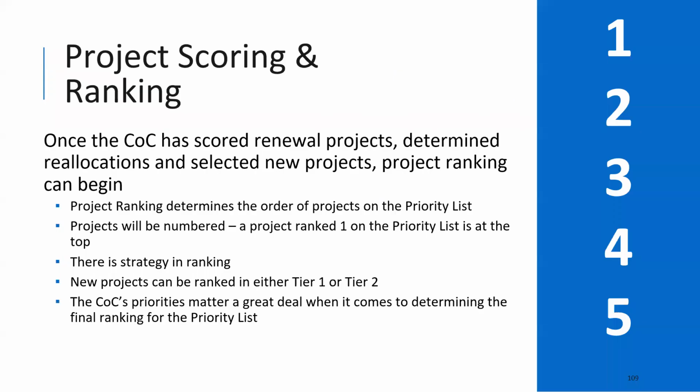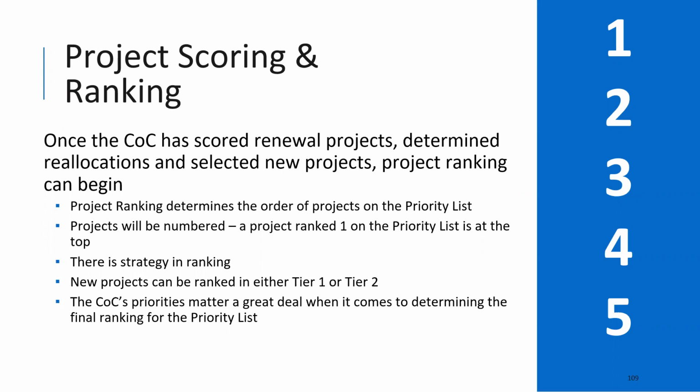So once the CoC has scored the renewal projects, that's when the project ranking is done. Again, I'll just note, once they've scored the renewal projects and figured out reallocations and selected new projects, that's when the project ranking begins. So the project ranking determines the order of projects on the priority list. So projects are numbered.